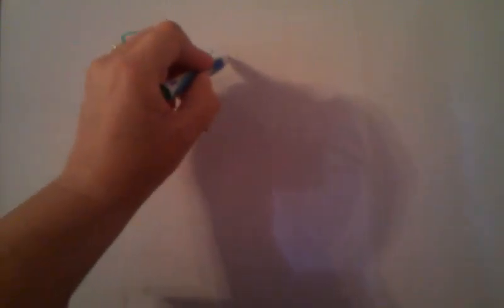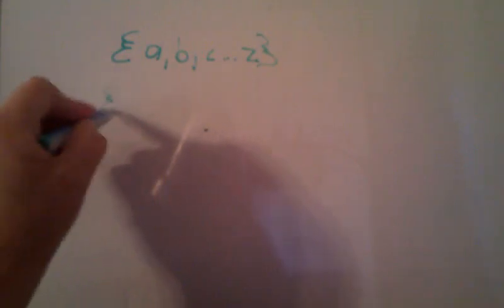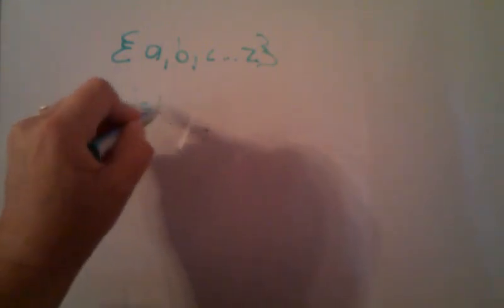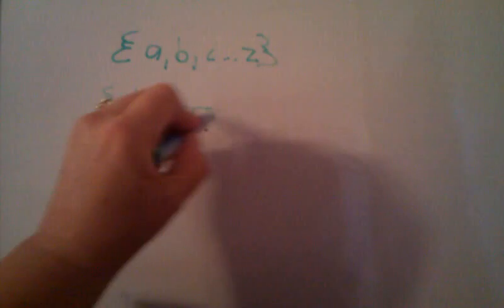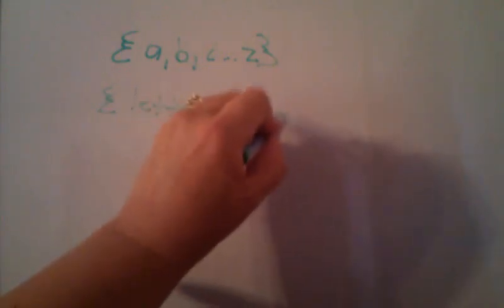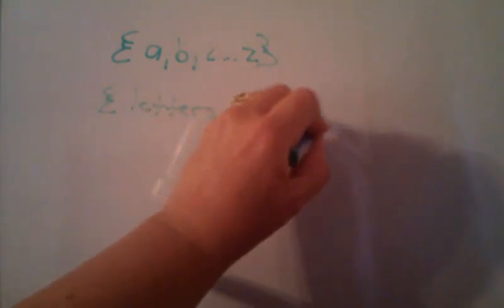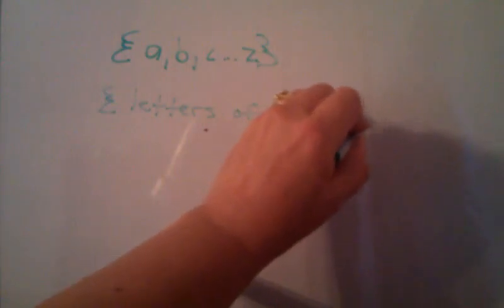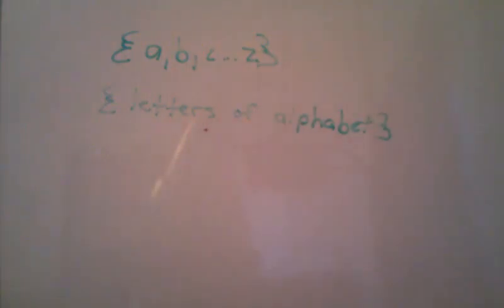Okay, we could go A, comma, B, comma, C, dot, dot, dot, Z. Or we could do the rule method, letters of the alphabet. I know my marker's dying. Okay, so there's the list method and the rule method.